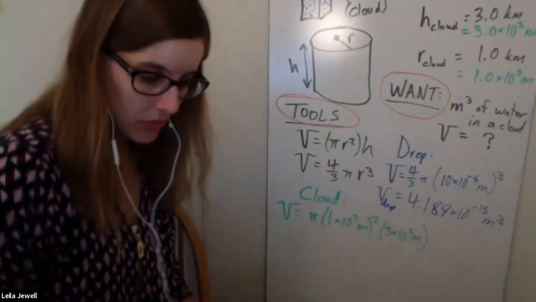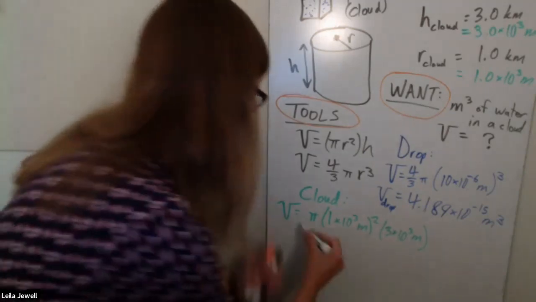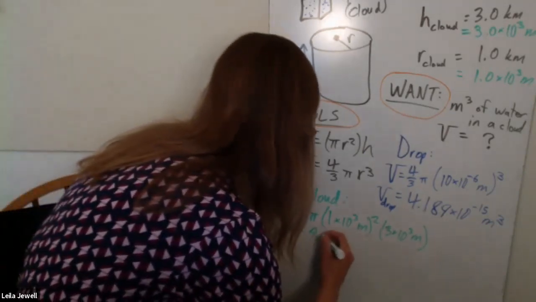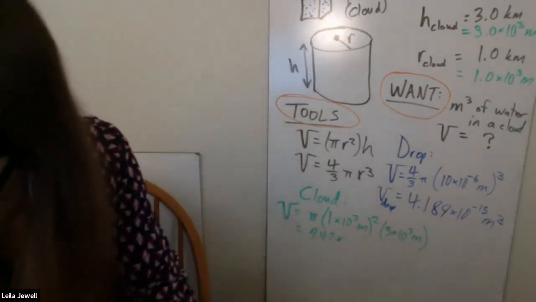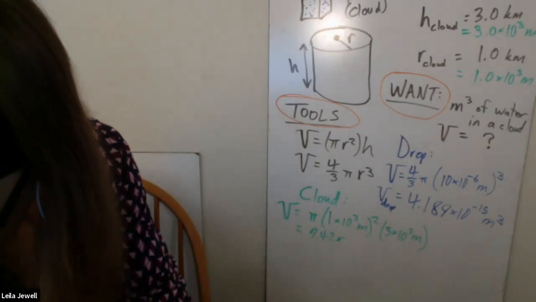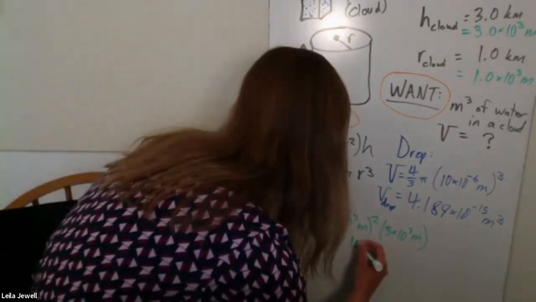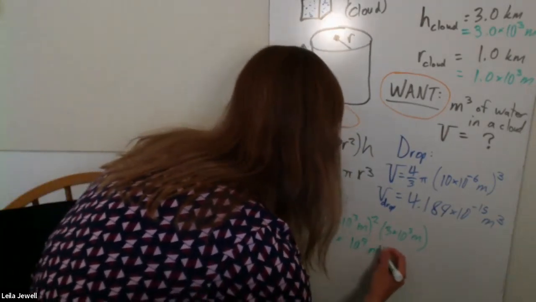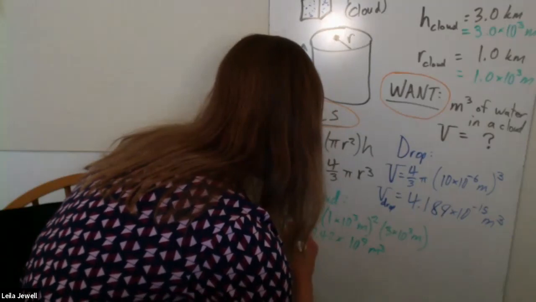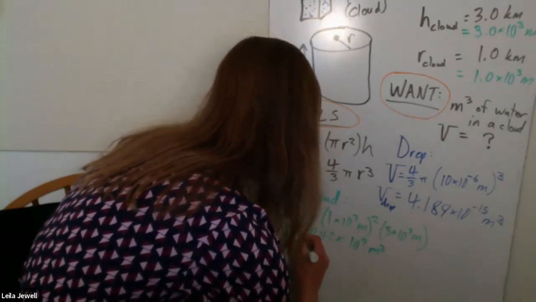So 9.42 to start, times 10 to the, let's see, 1, 2, 3, 4, 5, 6, 7, 8, 9. 10 to the 9. Wow, a billion cubic meters. So this is the volume of said cloud.